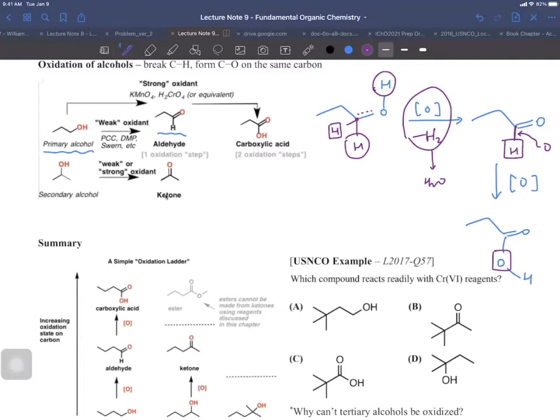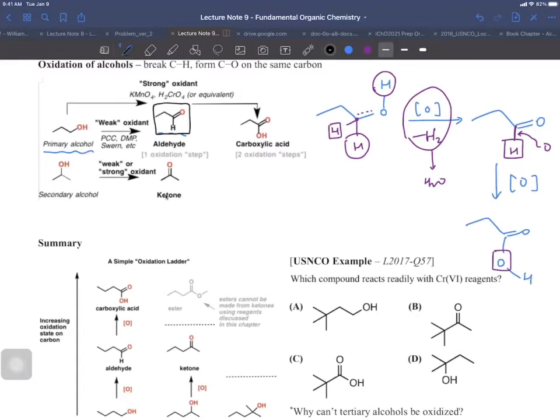So let's have a brief summary. Primary alcohol can be first oxidized into aldehyde, and the aldehyde can be further oxidized into carboxylic acid. So can we make the reaction stop at the intermediate aldehyde? The answer is yes.